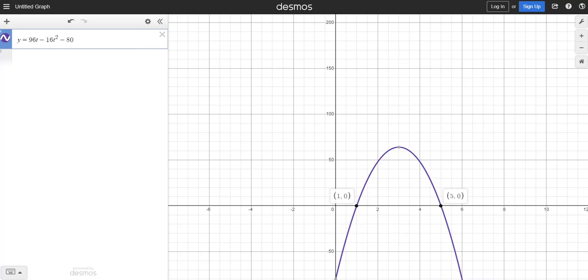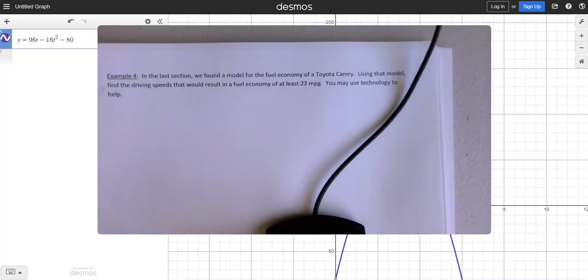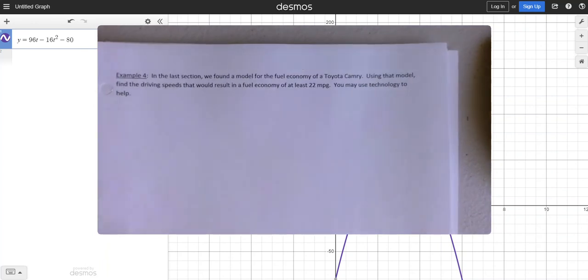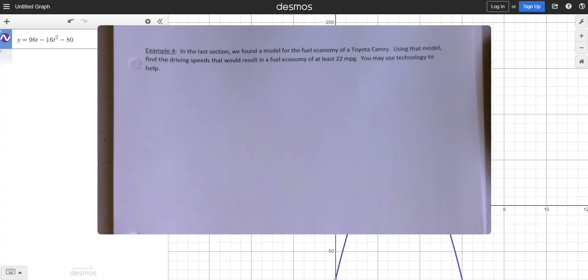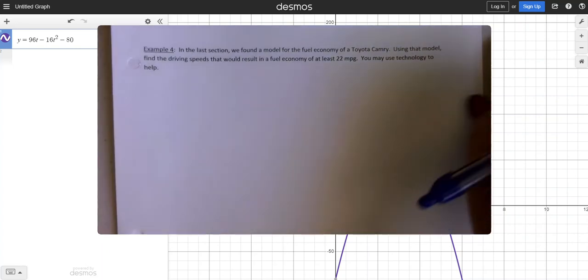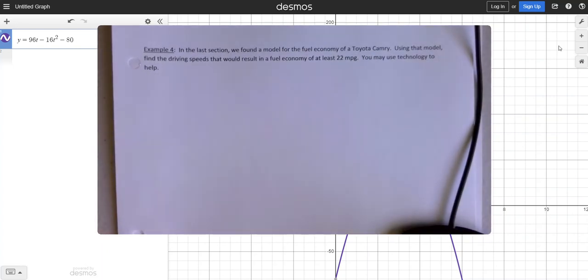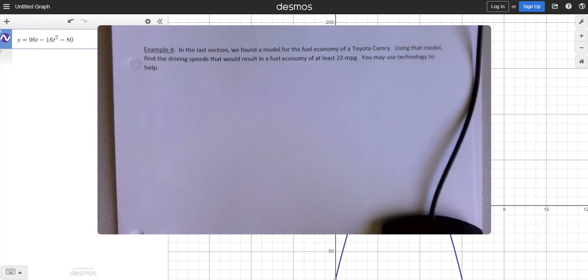All right, we have one more problem. And again, this kind of goes back to a problem that we started last time. You remember the Toyota Camry problem, where we were talking about finding the driving speeds that would give us a fuel economy of at least 22 miles to the gallon.